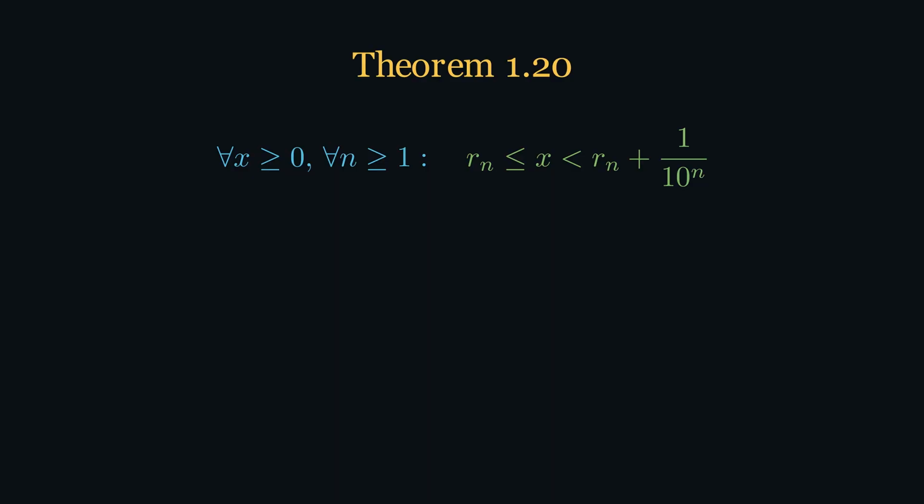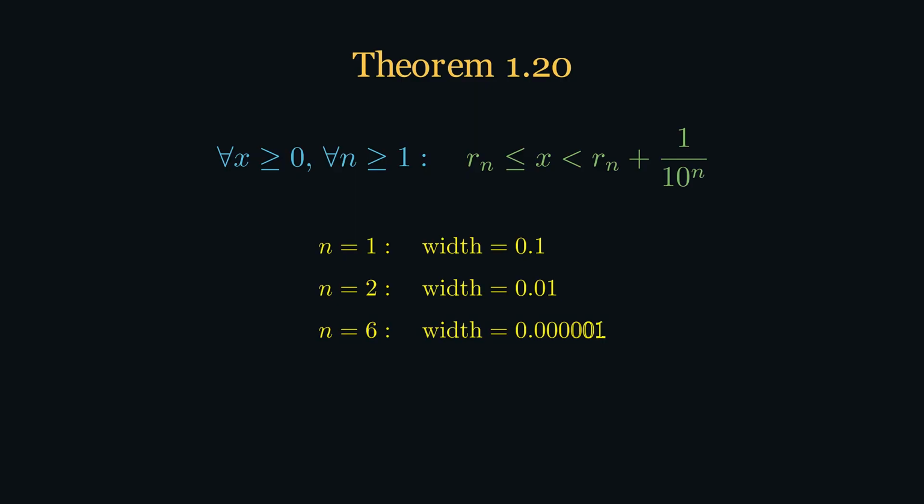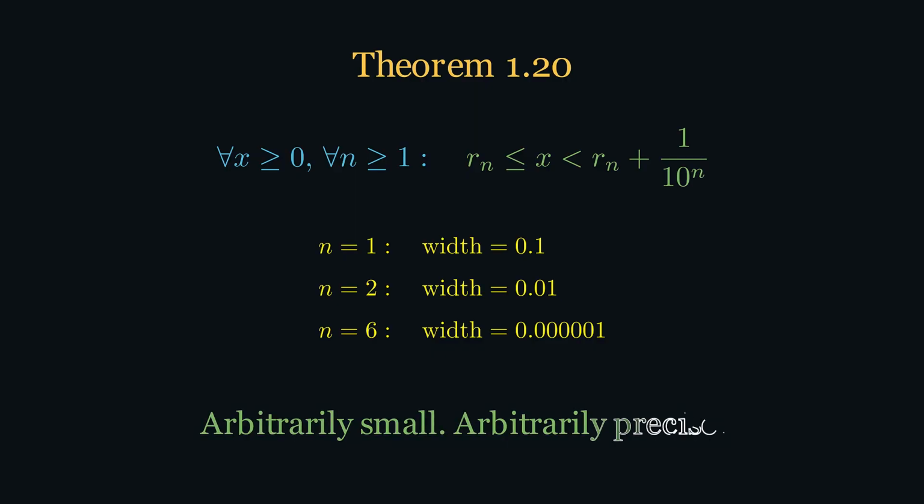We can trap x in an interval of width 1 over 10 to the n. As n increases, this interval shrinks. For n equals 1, the interval has width 1/10. For n equals 2, width 1/100th. For n equals 6, width 1/1,000,000th. Arbitrarily small, arbitrarily precise.